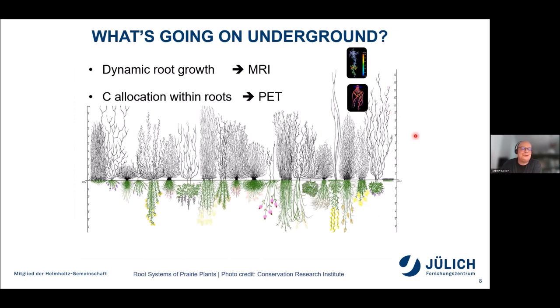And therefore, we are using two different technologies that are non-invasive to follow growth of individual plants. This is on the one hand magnetic resonance imaging, and on the other hand, for carbon allocation and how this is fueled into the root system, we are using positron emission tomography. And this is what I would like to show you some examples of in the next slides.